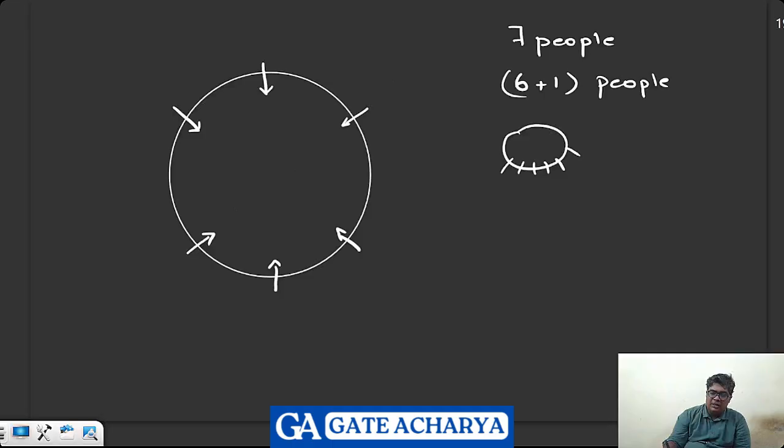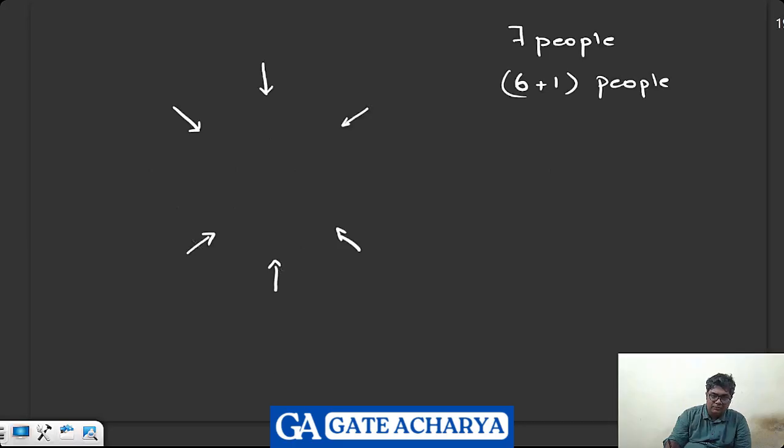Now, one more thing you have to understand here is the left and right perspective. So let's start with this person, the easiest person to manage. This person is facing upward, so according to him, this is the left and this is the right. What about the person who is facing down? For him, the left and right are entirely reversed.